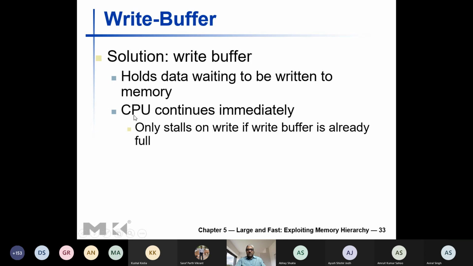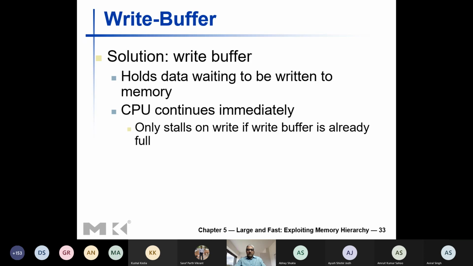But suppose the buffer is full, because you have so many writes and the frequency of writes is high, so continuously you keep on writing. Then you have to stall the pipeline, because once the write buffer is full, you need to wait till the buffer is empty, and then what you are writing into the cache can be placed into the buffer.